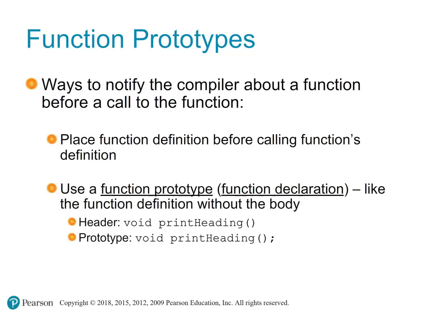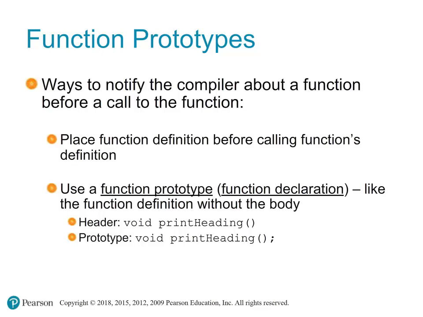One straightforward way is to define the function before it is called in the code. So this way, the compiler knows about the function when it encounters the function call. A function prototype can also be used. It is like a function definition, but without the body.